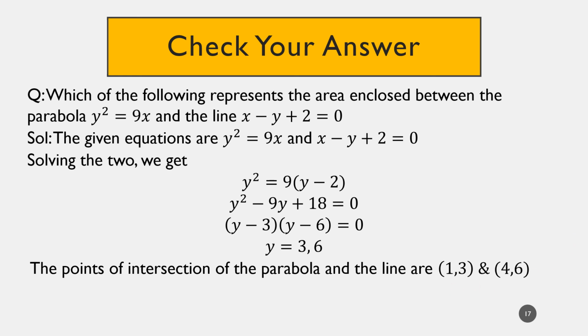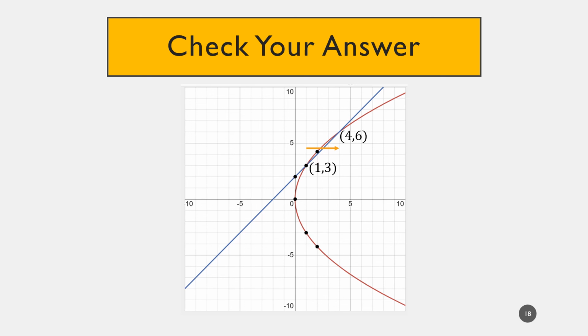That is, the points of intersection should come out to be 1, 3 and 4, 6. And if I plot this and draw a line parallel to the x-axis, I can see it is starting from the red line, which is the parabola, and exiting the required region through the blue line, which is the equation of the line x minus y plus 2 equal to 0.